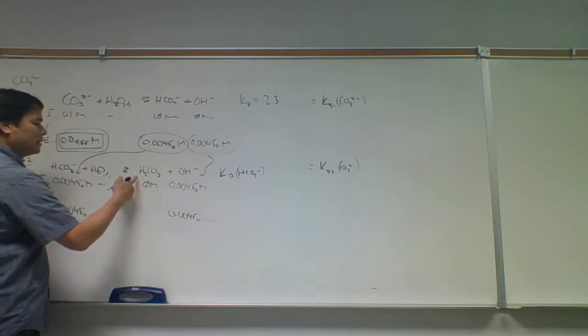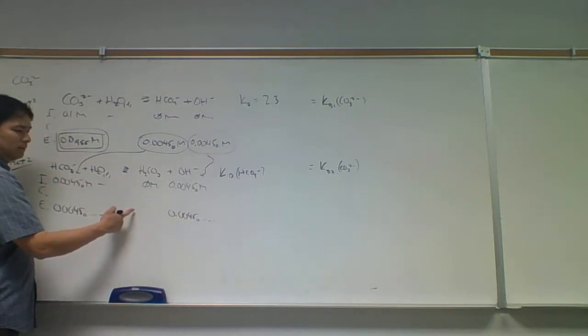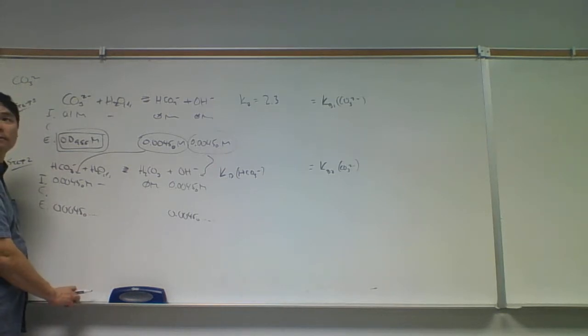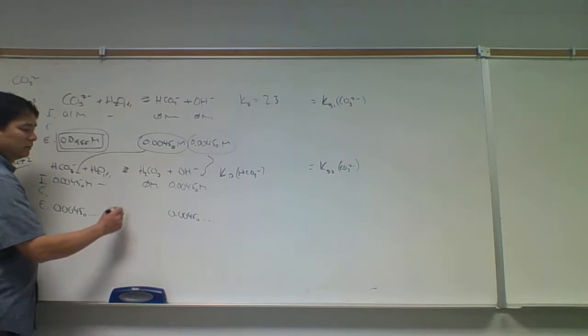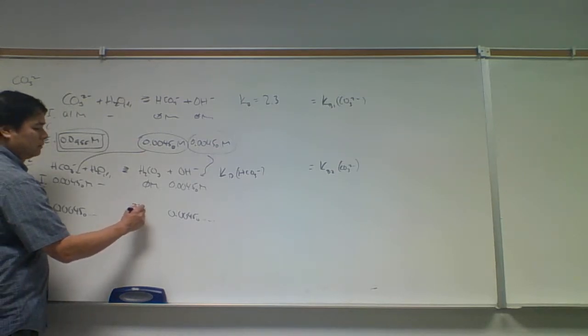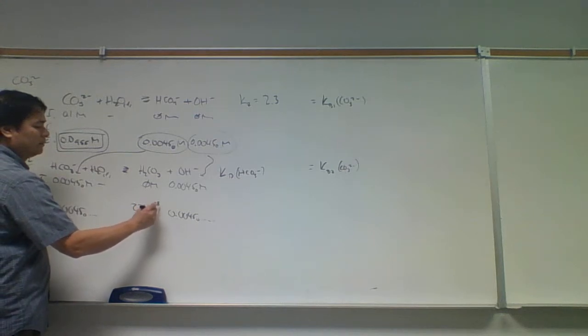What was the carbonic acid concentration here? Did we solve for this one? Do you have this in your notes or not? It was 2.72 times 10 to the negative 8 molar.